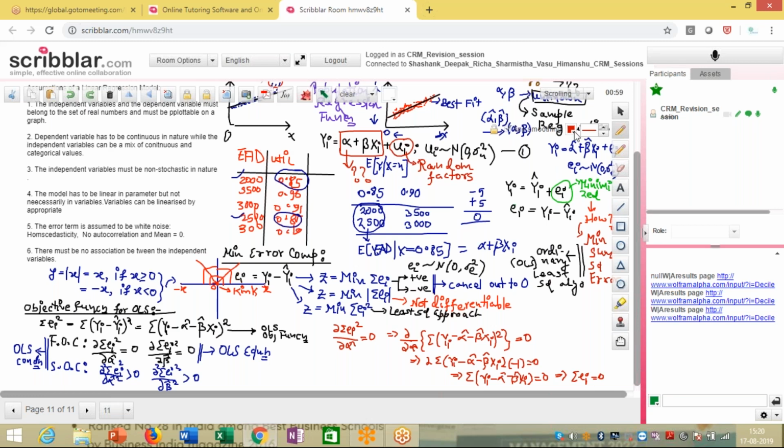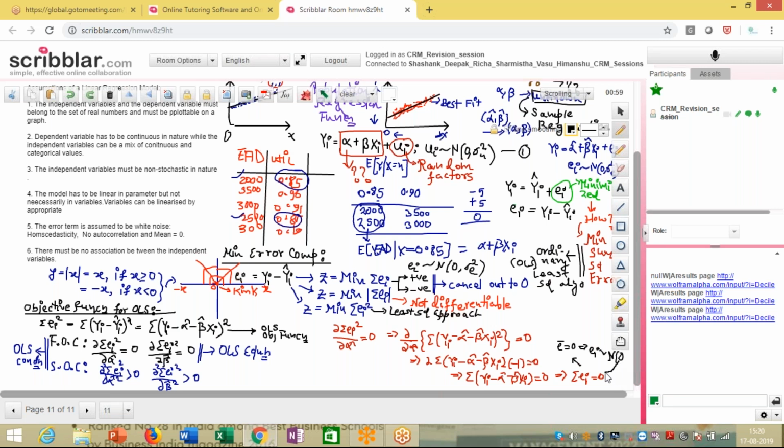The implication of summation ei equal to 0 is that e bar will be 0, which means that ei will follow the normal distribution with mean 0.